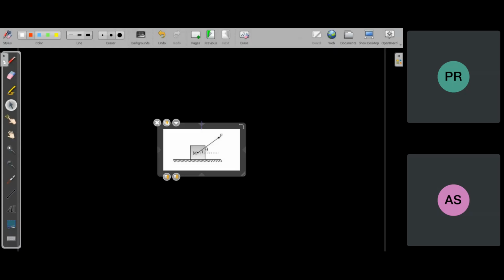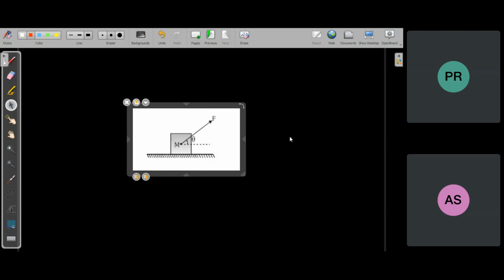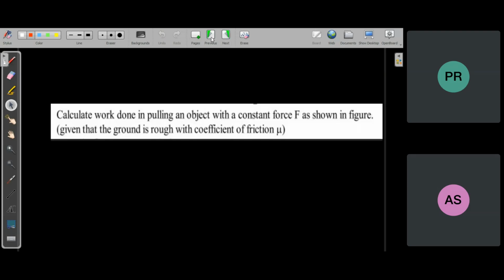This is the figure, and this is the question. Calculate the work done in pulling an object with a constant force F. Yes, work done by the force F.